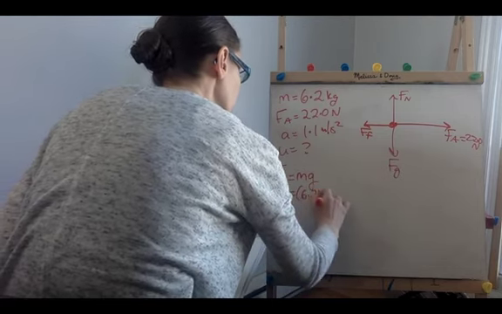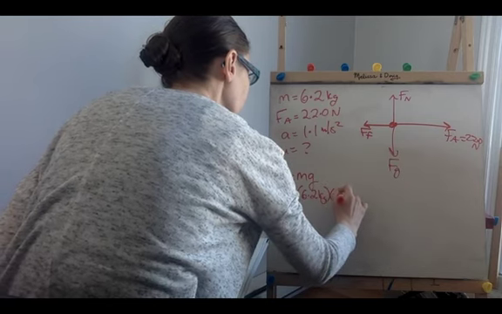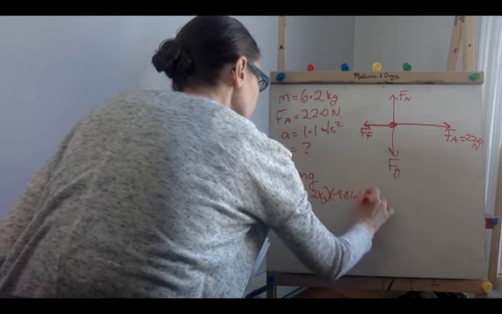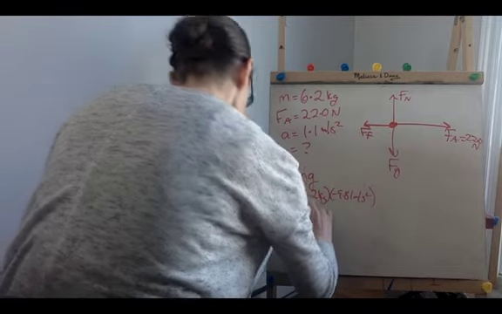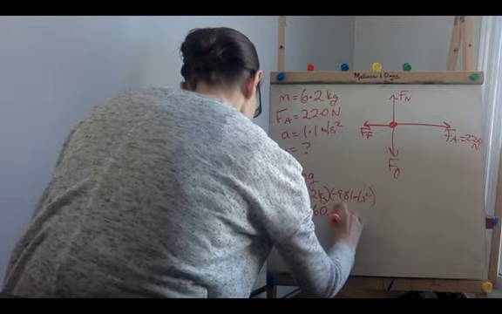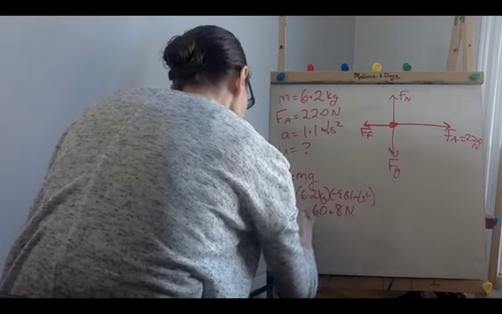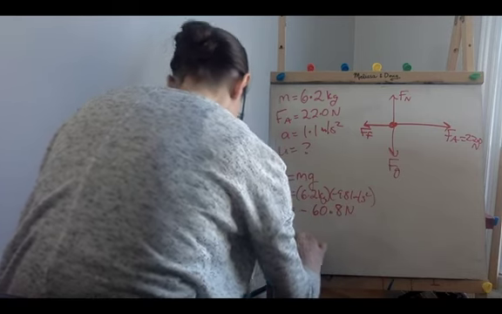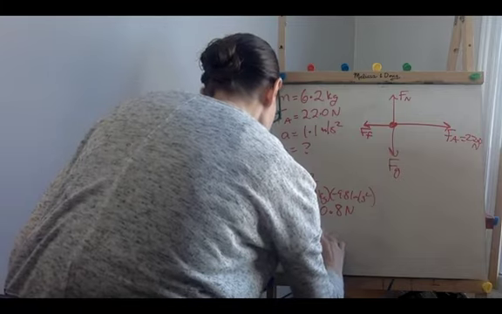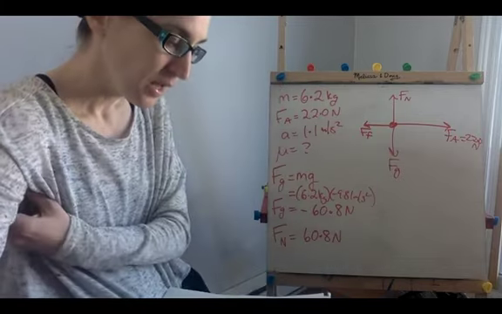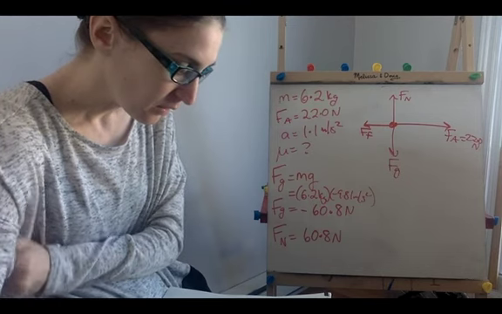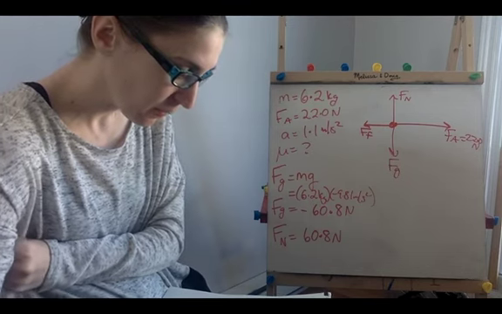So that's our 6.2 kilograms multiplied by negative 9.81 meters per second squared, and we get that our force of gravity is negative 60.8 newtons, which means that our normal force would be a positive 60.8 newtons.